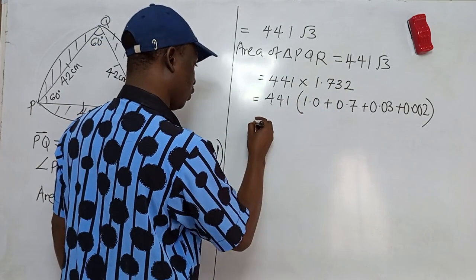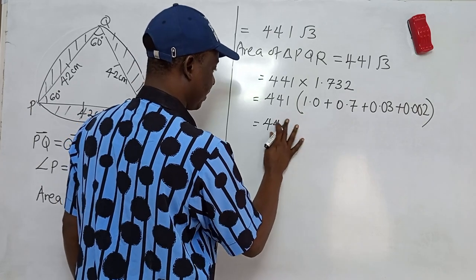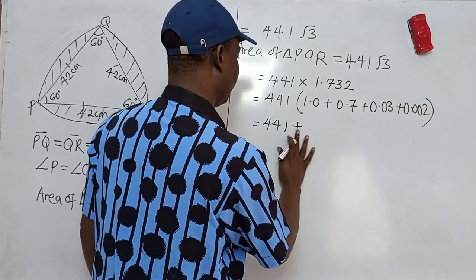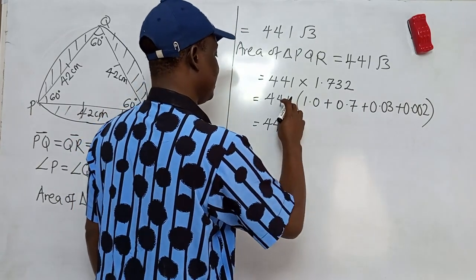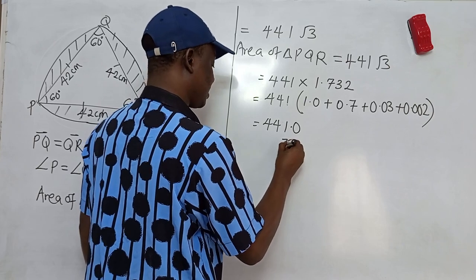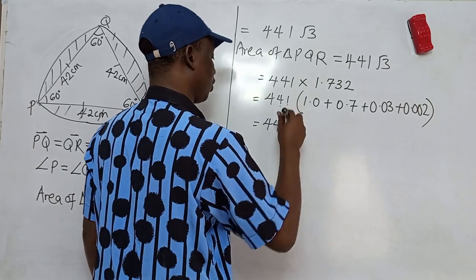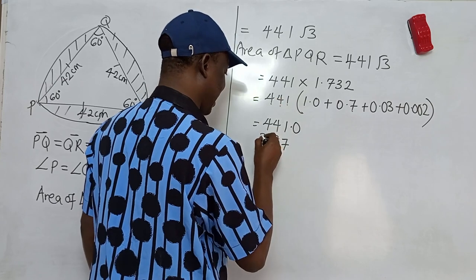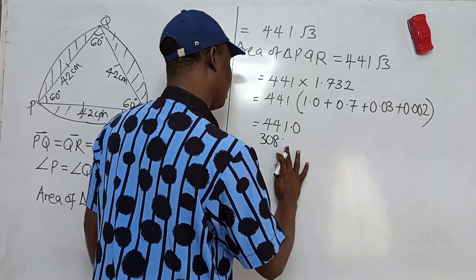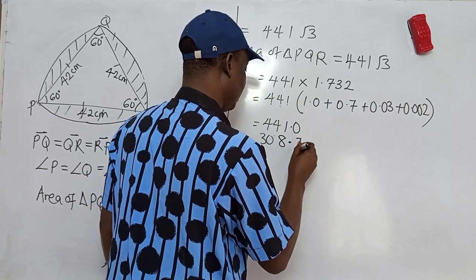So this times this is 441.0, plus this times this is 308.7, that is 7, 28, carry 2, 30.